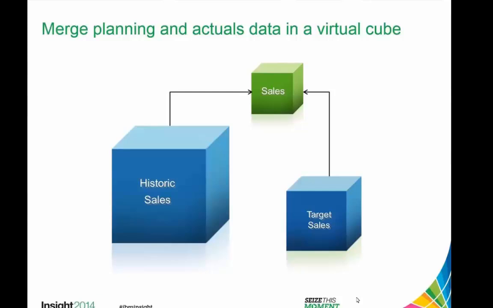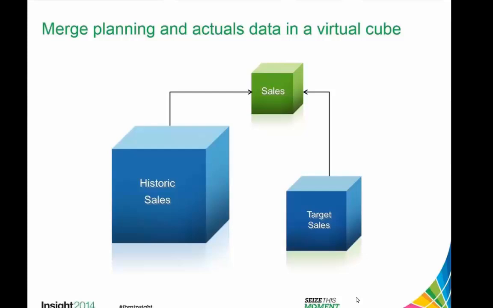So any dimensions in those two constituent underlying cubes to your virtual cube, if they have the same name in both of the cubes, will be merged automatically to create virtual dimensions. The dimensions from one cube that don't have a corresponding dimension of the same name in the other cube are not automatically merged together, but are just added to the virtual cube itself. Now you can manually merge the source cube objects in the virtual cube that aren't automatically merged, and we'll go over that in the lab.